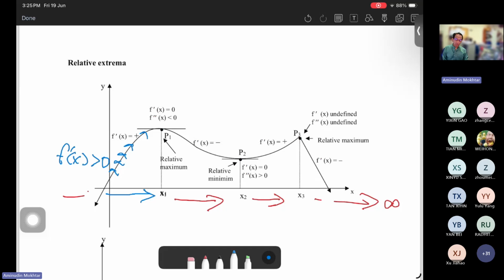After x1, when I move from x1 to x2, you can see the value of the function y will decrease. This proves that the first derivative in this area is negative.